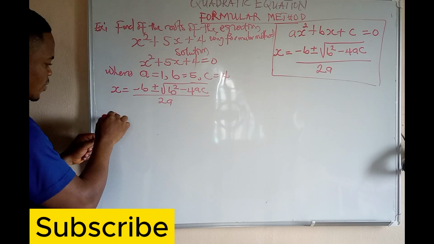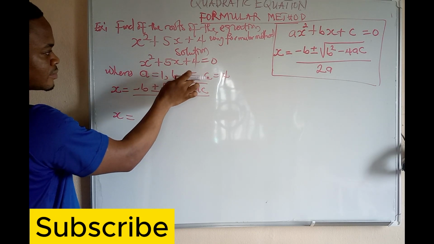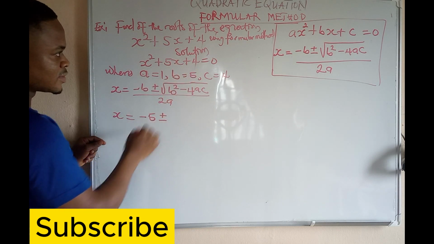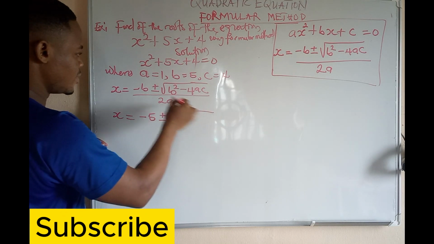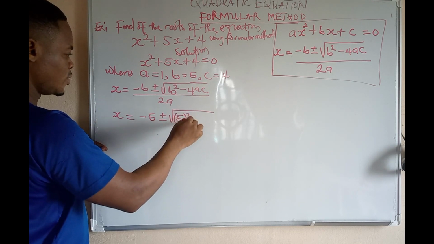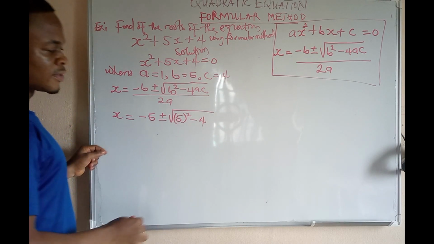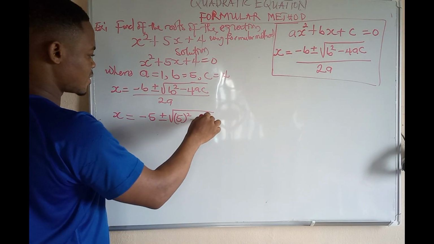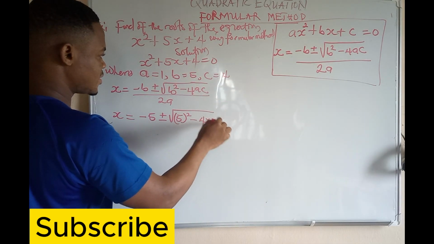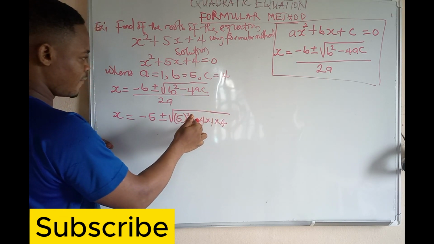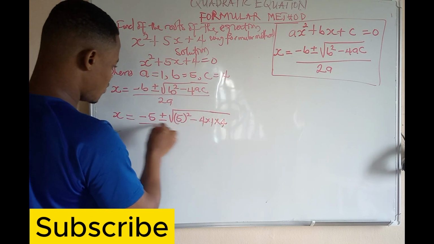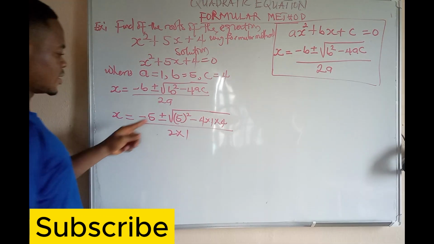So we have x equal to minus b; minus is already there and b is positive, so we have minus 5, plus or minus the square root of b squared, b is 5, all raised to the power 2, minus 4 times a, which is 1, times c, which is 4, all divided by 2 times 1, that is 2a.